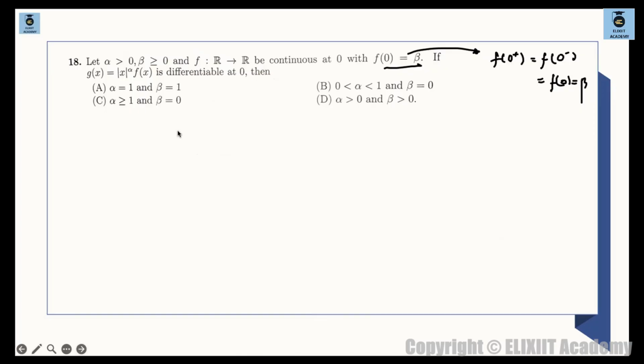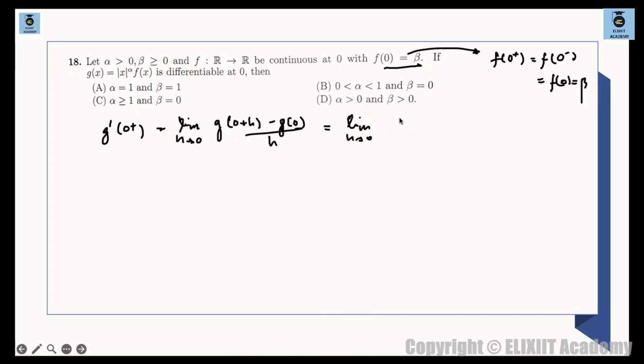Apart from this, now to comment on differentiability, we can start with the definition: g dash of 0 plus, what is this? Limit h tends to 0, g of 0 plus h minus g of 0 divided by h. So what will g of 0 plus h be? g of 0 plus h will be h to the power of alpha, because here 0 plus h means h only.